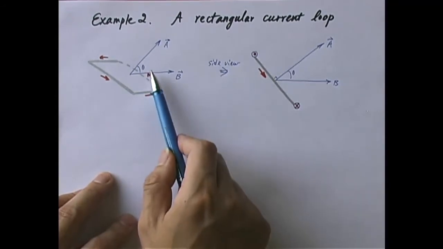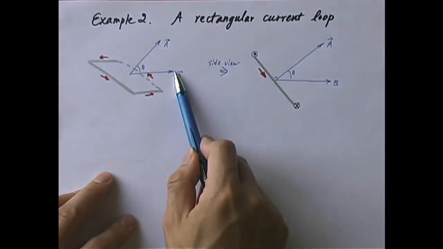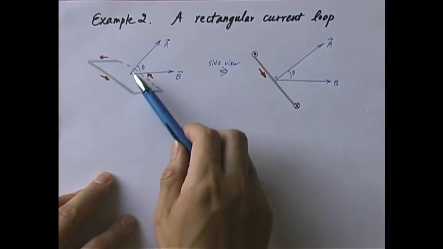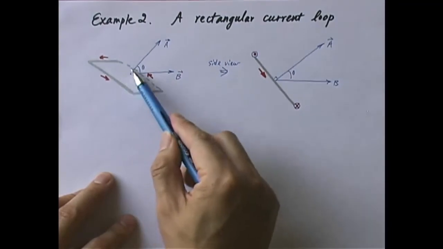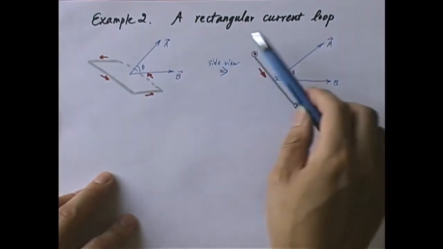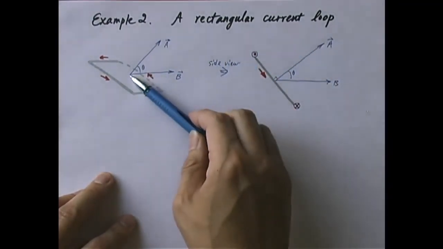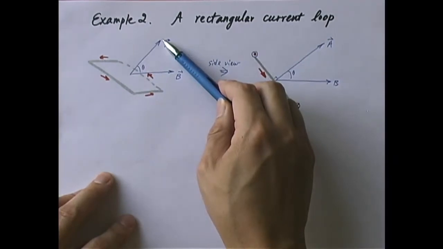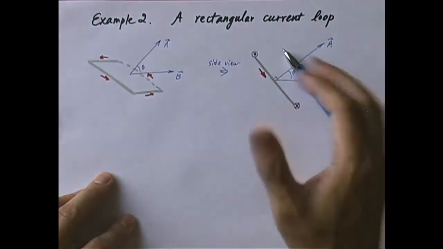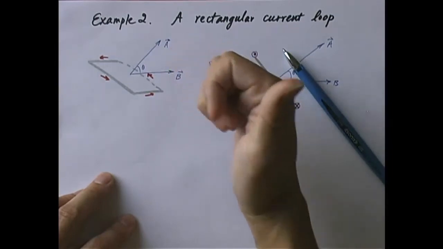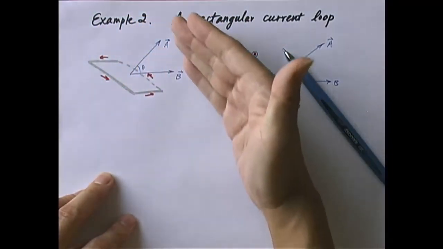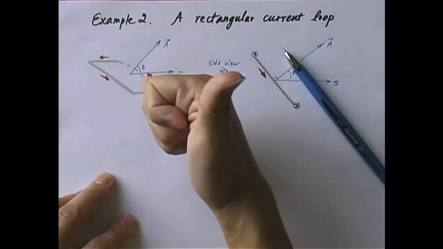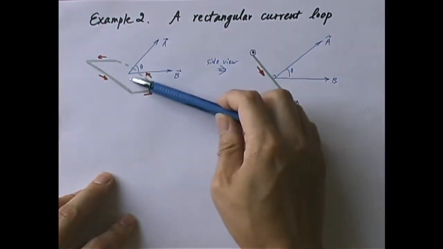You put it in a magnetic field B pointing this way, and I'm going to define a positive direction, which is perpendicular to the plane containing the loop and also satisfies the so-called right-hand rule. I'm going to use my right hand, these 4 fingers, to wrap around the direction of the current flow, so in this case it's counterclockwise like that, and the thumb tells me the direction of that vector.